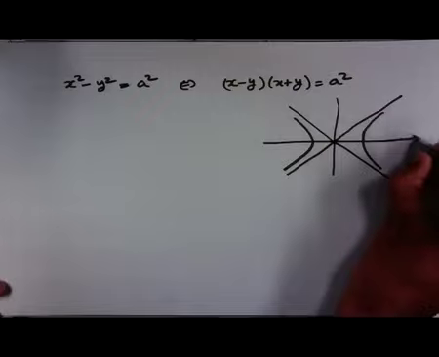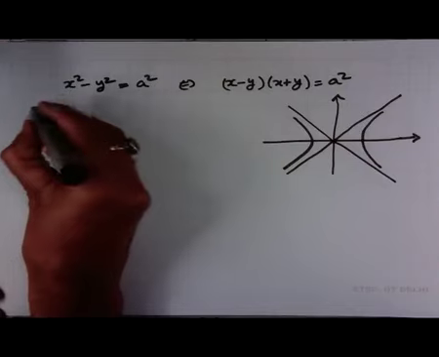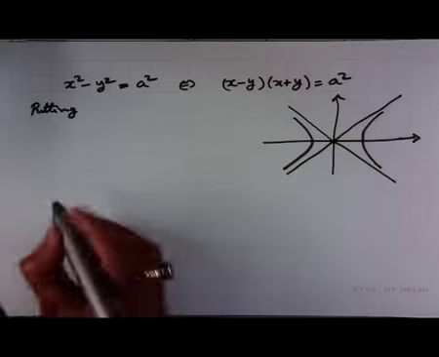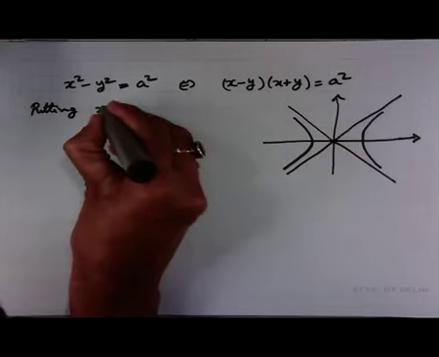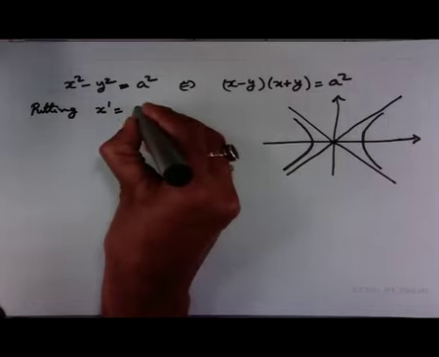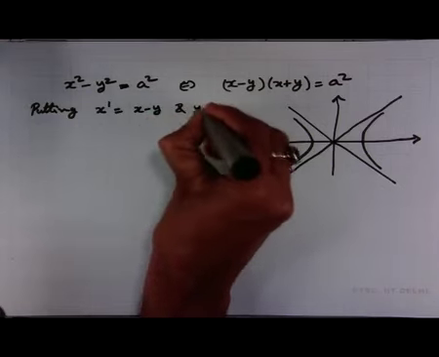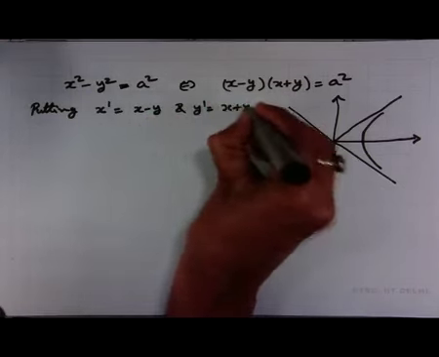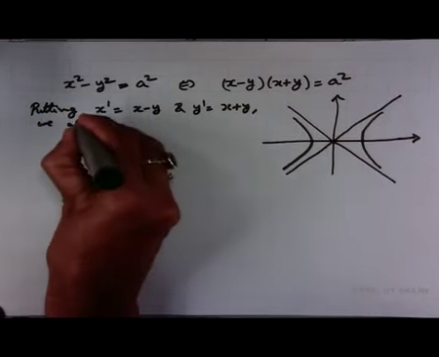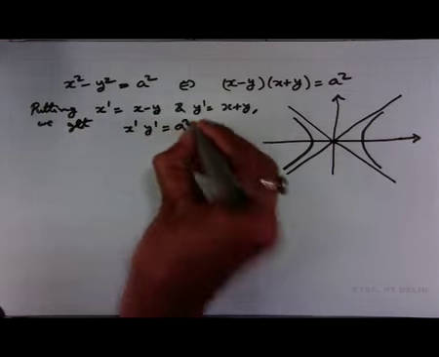Now, if we make a change of variable, putting say x dash equal to x minus y and y dash equal to x plus y, we get x dash times y dash equal to a square.